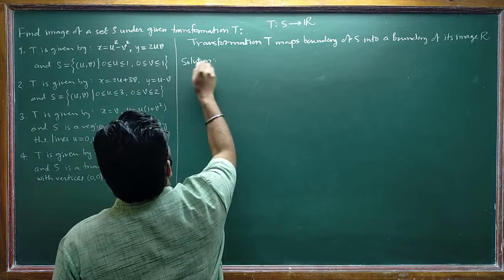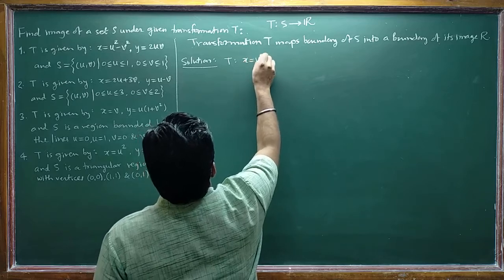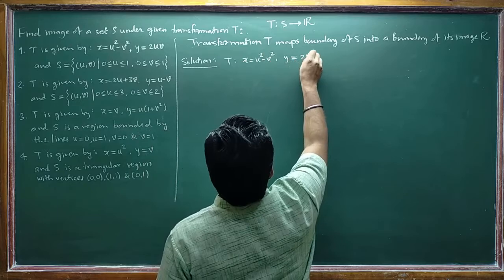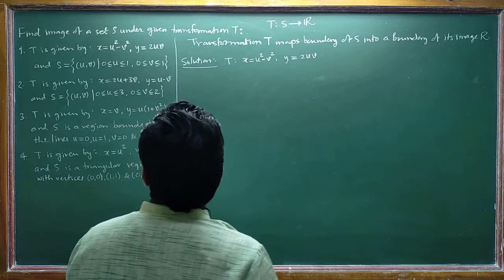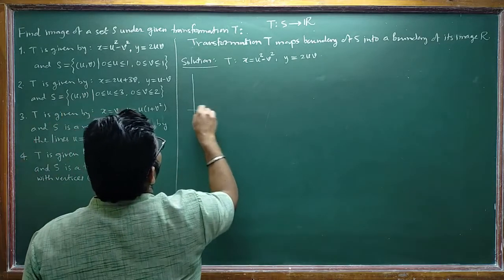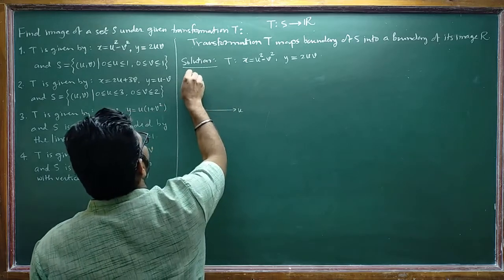Let's see example 1. The transformation T is given by two equations: x is u square minus v square and y is 2 times uv. The region S is given in the uv plane, with u axis and v axis.